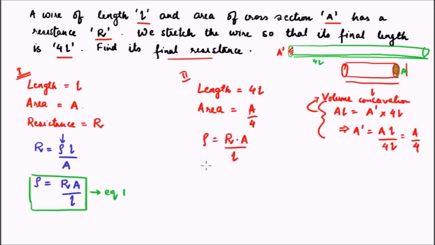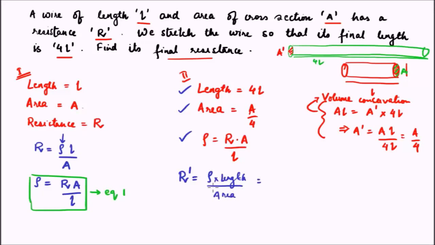and we need to find out the resistance, the final resistance, right? So we have our final length, we have our final area, and we have the resistivity of the material. So we can use the standard relation R is equal to R final. Let me put it as R dashed is equal to rho times length upon area.